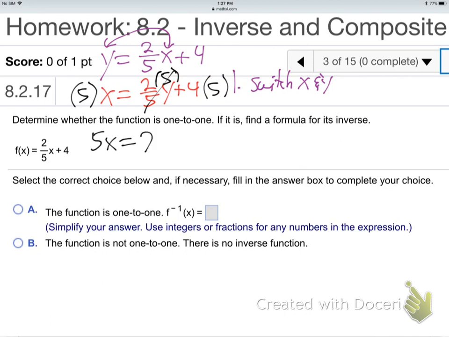So we get 5x equals 2y plus 20. That good? No more fractions now, a little easier to deal with. Keep going. Get y alone. Solve for y.